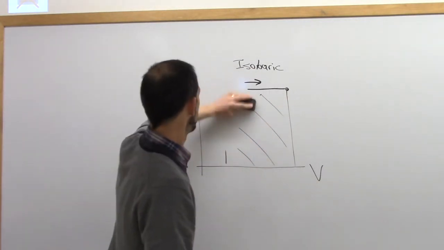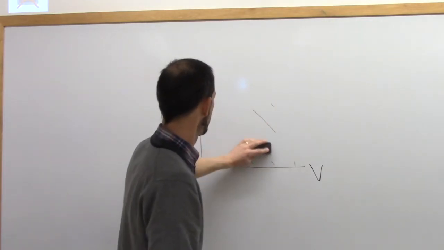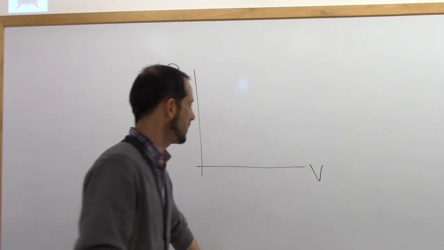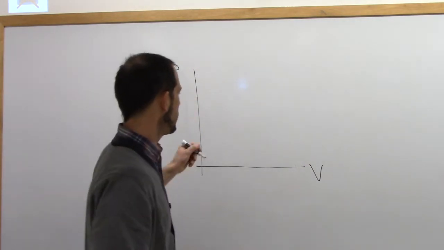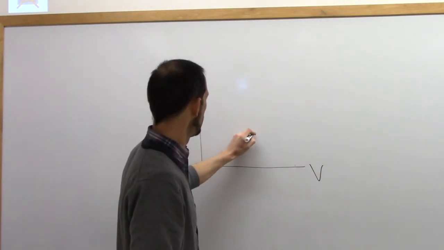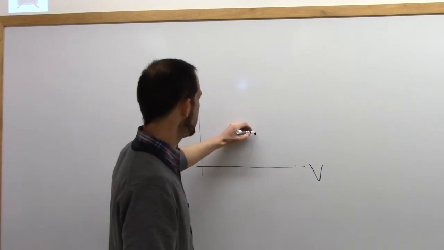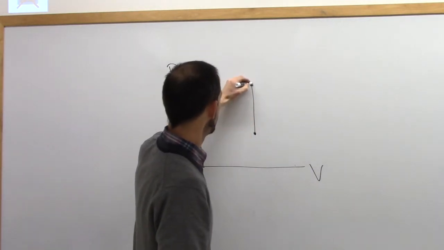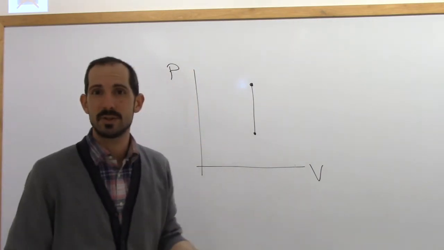Another possibility is what's called isochoric. So we may have a system where you start at some volume and pressure, and then the volume doesn't change, but the pressure goes up. So some sort of system where the pressure is now increasing. This is usually going to be a temperature change at that point.